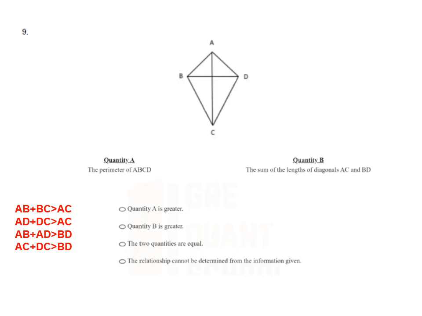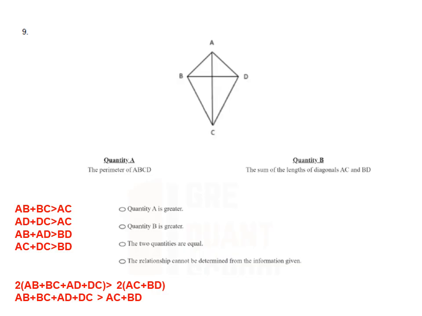Now add the inequalities. So we have AB twice on the left side, BC twice, AD twice, and DC twice. And we get AC and BD twice on the right side. So 2 multiplied by (AB plus BC plus AD plus DC) is greater than 2 times (AC plus BD).